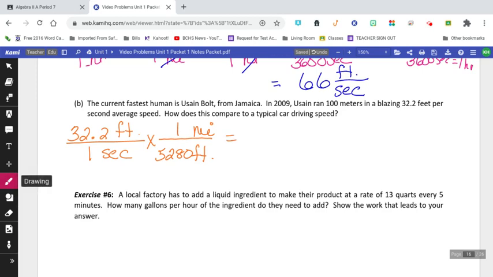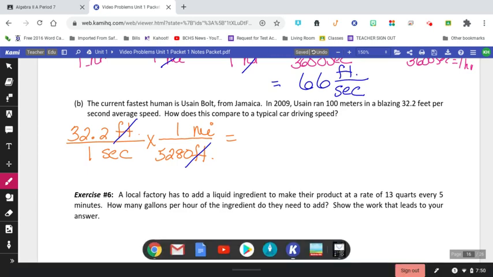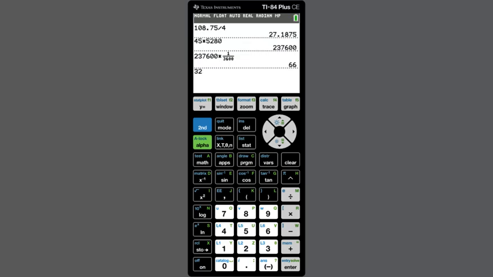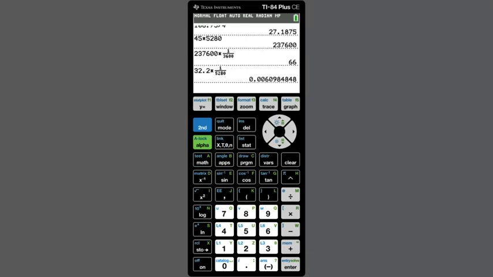So the feet would cancel. And if I do 32.2 times 1 over 5,280, remember, that's the same thing as just doing 32.2 divided by 5,280. Okay, I get this value here.